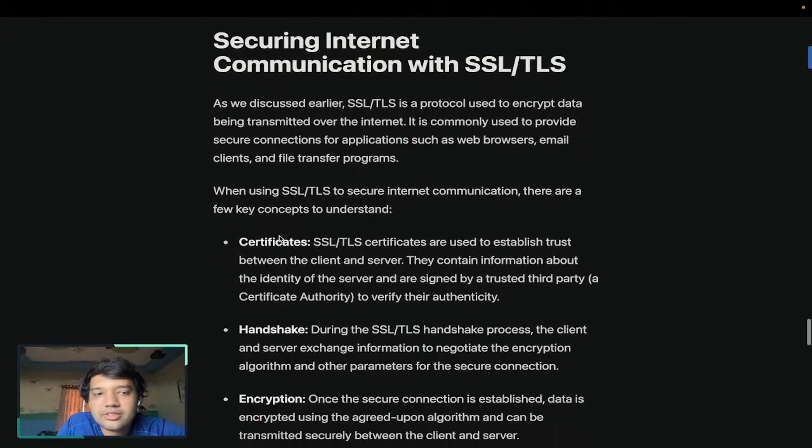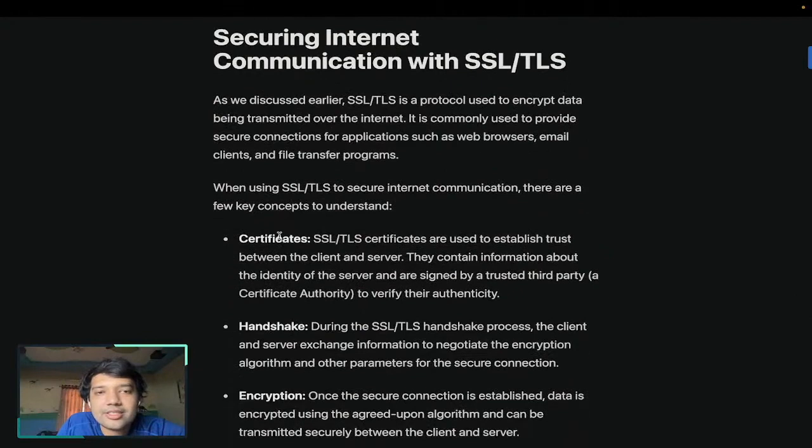So, securing internet communication with SSL and TLS. As discussed earlier, SSL/TLS is a protocol used to encrypt data being transmitted over the internet. It's commonly used to provide secure connection for applications such as web browsers, email clients, and file transfer programs.